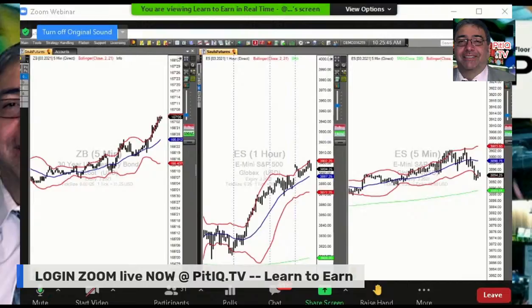I can't impress upon you enough to lay out those levels in your software so that you are interested and intensified in and around his levels so that you can start to understand the action of price and how it relates to not only price movement, but the entries, exits, and stops, your trades in and around those levels.